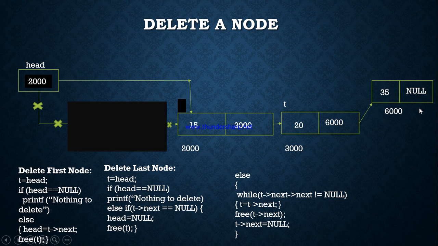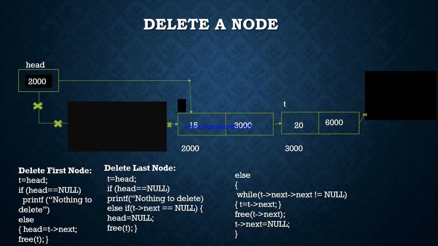So this node will be deleted and the value of T of next will be nothing but null, because now this T node is our end node, because the next node which was at the 6000 memory location is now deleted and the memory location is also freed. Okay, this is the logic for deleting a node from a linked list.